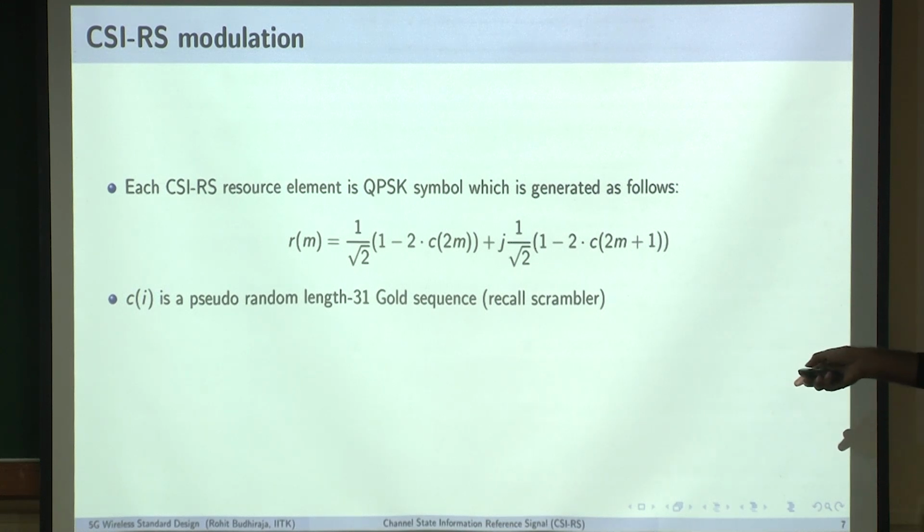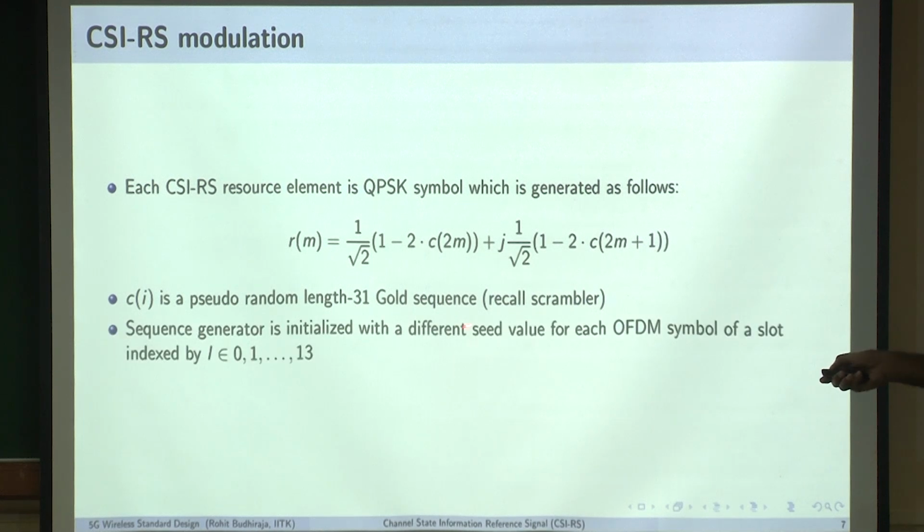So I am not going into details, but this is how the CSI-RS will be QPSK modulated, generated with a different seed value for each OFDM symbol of a slot indexed by 0 to 13. This is how you initialize this scrambler. I am only telling you briefly how it is done. The exact formula you have to look into the standard.